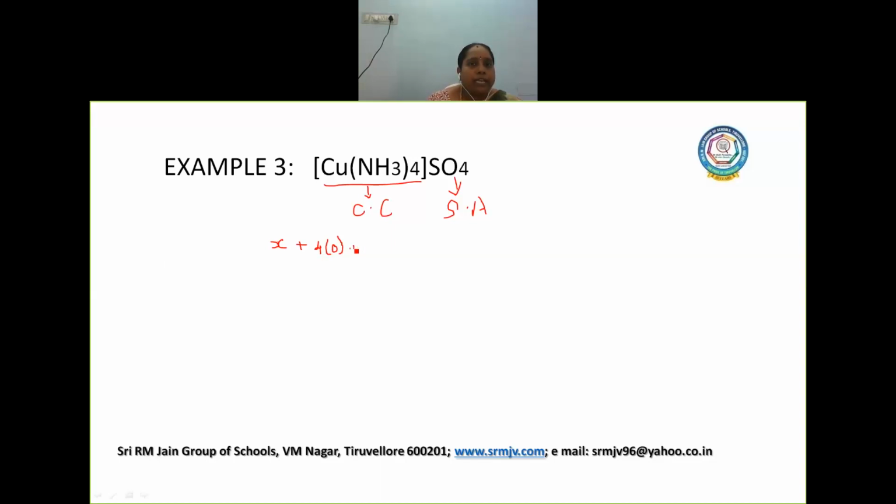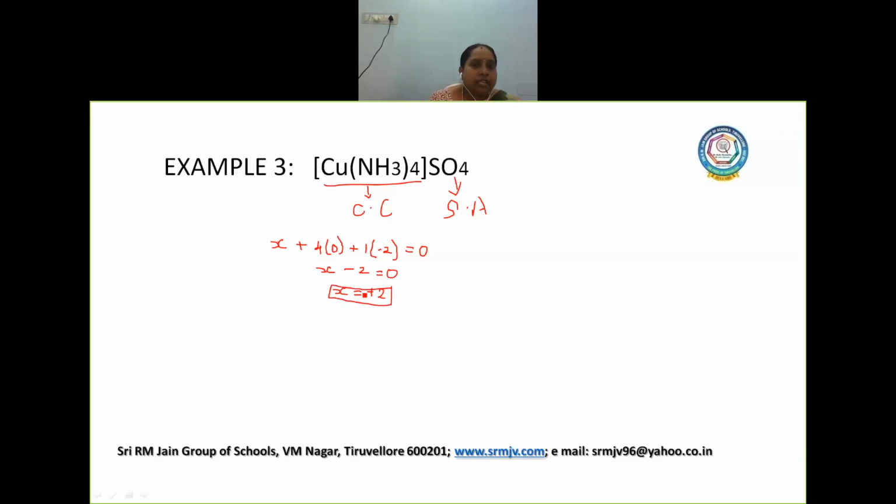Okay, and how many anions are there? Only one anion is present. That means sulfate, whose charge is -2. And there is no charge on the sphere. So it is taken as 0. Right? So x minus 2 is equal to 0. Therefore, x is equal to +2.